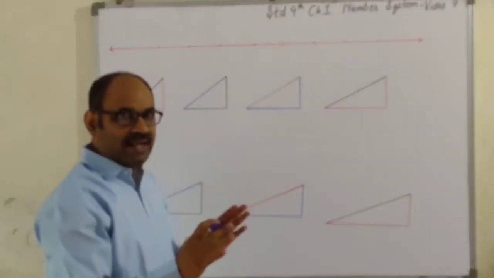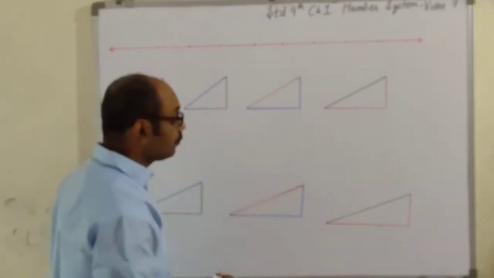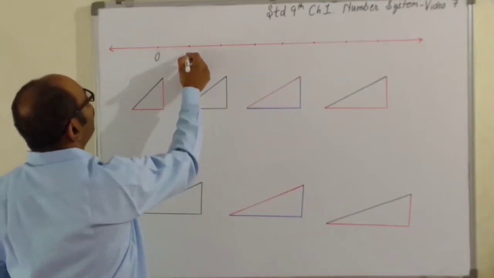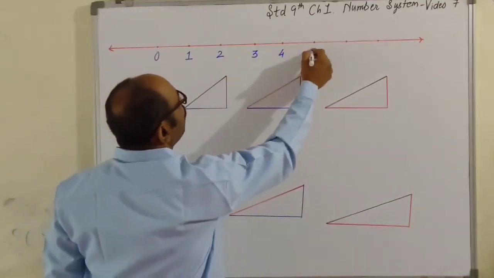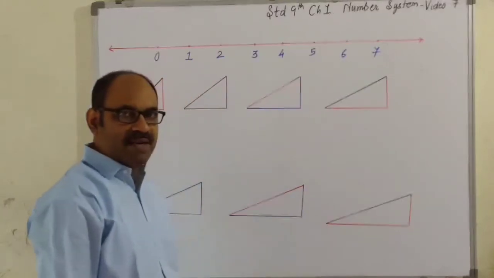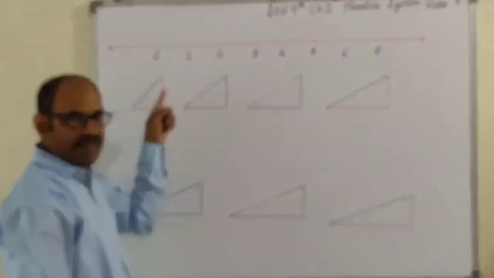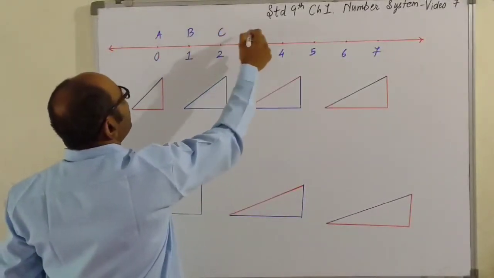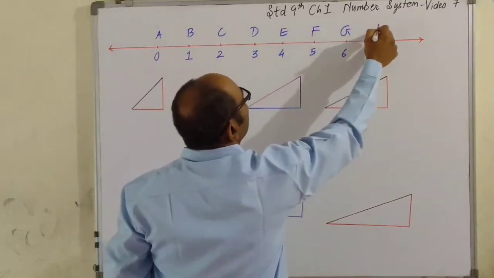There may be a little error because this is a very slippery board, that's why. Fine. If I say this number is 0, this is 1, 2, 3, 4, 5, 6, 7. This is number line representing whole numbers starting with 0. Suppose this point is A, B, C, D, E, F, G, H.